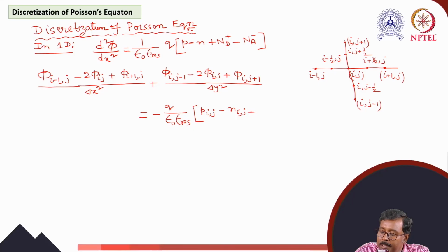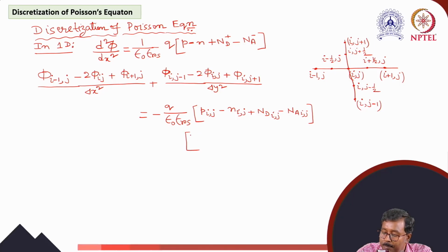So nd ij and minus na ij. From the finite difference technique, we have put the value of del square phi del x square plus del square phi del y square is equal to minus q by this.